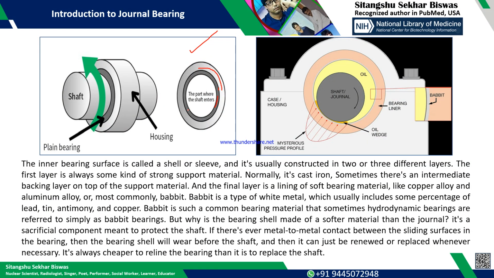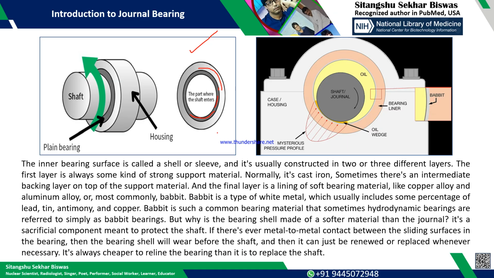So this black colored portion, the bearing, or you can say the shell, will be made of very soft material like copper alloy or aluminum alloy, and most commonly it will be made of babbitt.